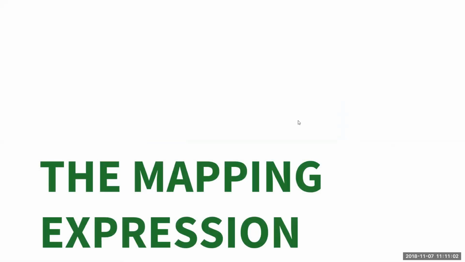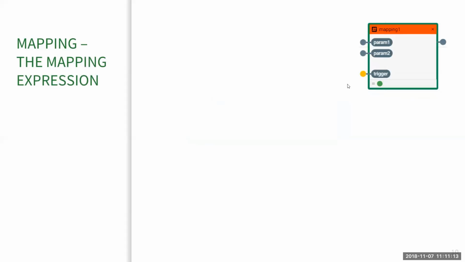Now, the mapping expression is the type of code that actually defines how the data will be modified. Where do we put that? No, first, what's the mapping expression? The mapping expression, as I said, is an instruction language where you have a set of functions that you can apply to your input data.